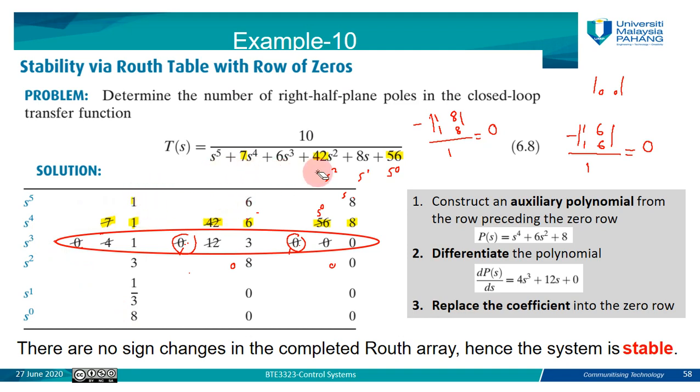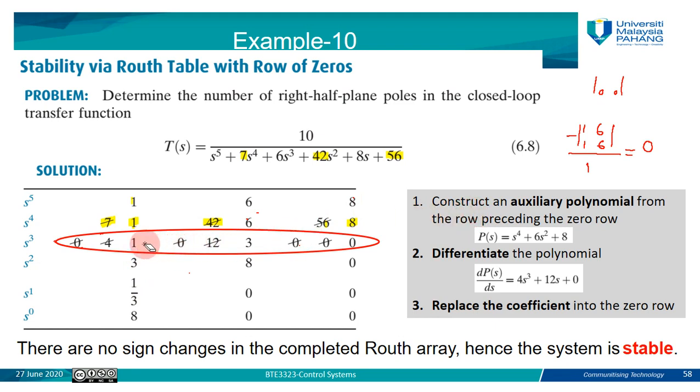The special solution will be how to remove this entire row of 0 in order to continue calculating the rest of the coefficients of our Routh table.